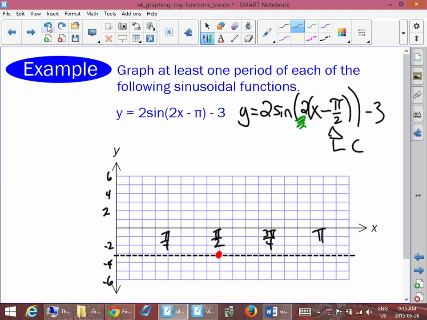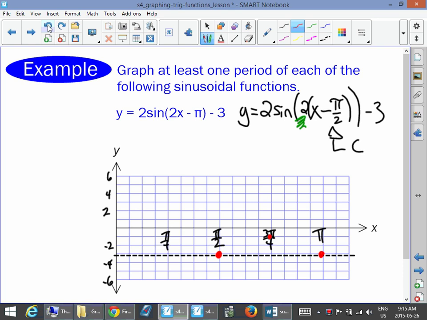Now, when we start on the axis, our next step is we go up to our maximum. The amplitude is 2, so our maximum will be right here. Then we'll come down, not to our minimum, but we'll come right down to our axis right here. So the real question is, how do we do the back half of this graph?